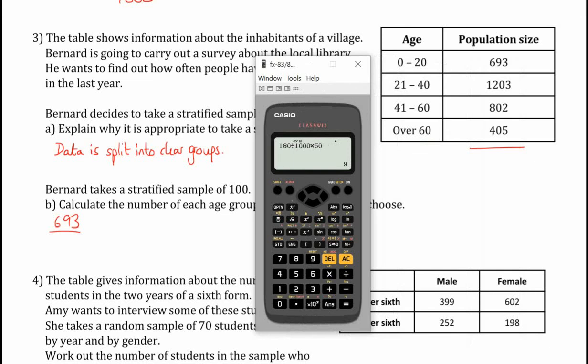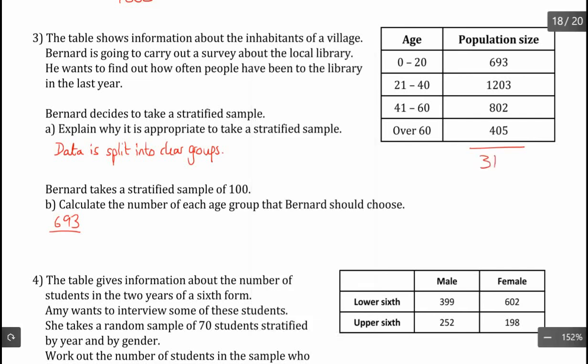Let's work that out first. 3,103, and the sample size is 100. And we need to do this 4 times with each of the groups.